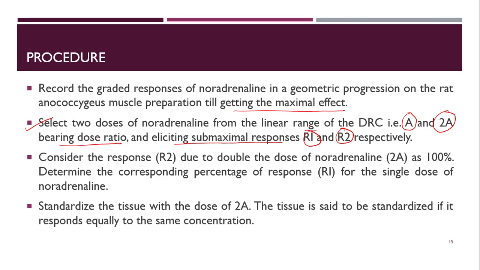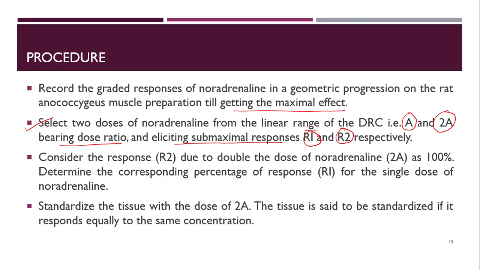So suppose 3.2 ml of the noradrenaline gives us the maximum response, we select 1.6 ml and 0.8 ml. The 0.8 ml we can call A and the 1.6 ml as 2A, and the response height of 0.8 ml will be considered as R1 and the response height of 1.6 ml as R2.